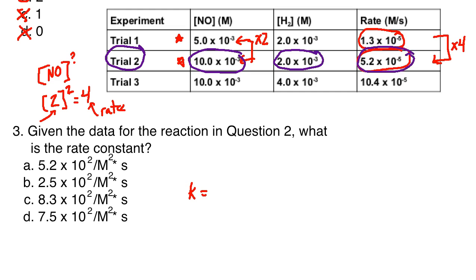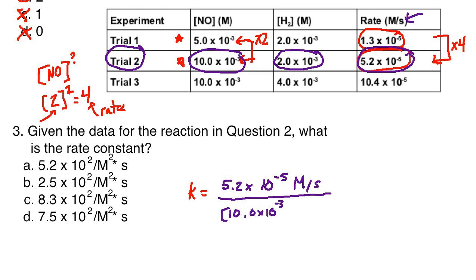So I'll start by putting the rate on top. So I would put 5.2 times 10 to the minus 5. And you can see the rate units at the top of the table here. So that's molarity per second. And then on the bottom, I would have the nitrogen monoxide. That value is going to be 10.0 times 10 to the minus 3.